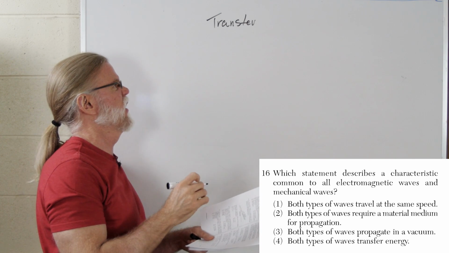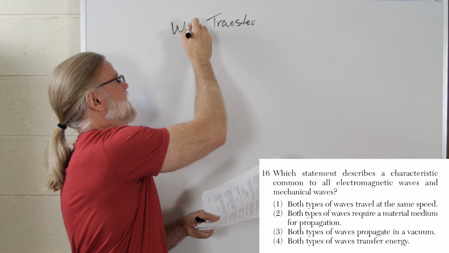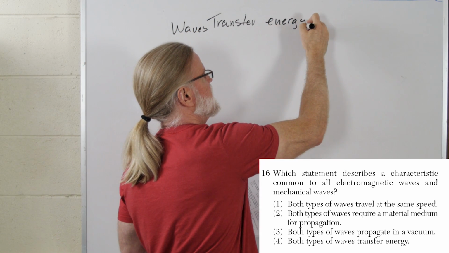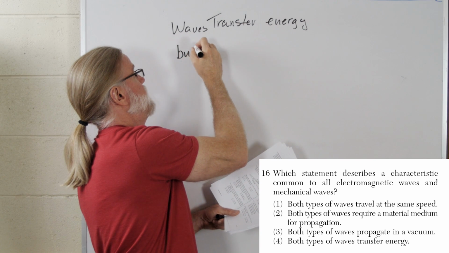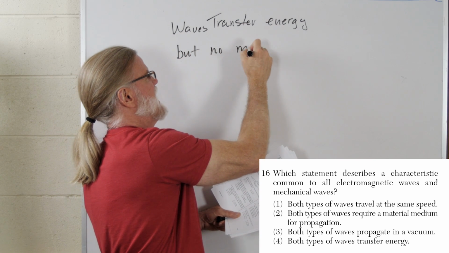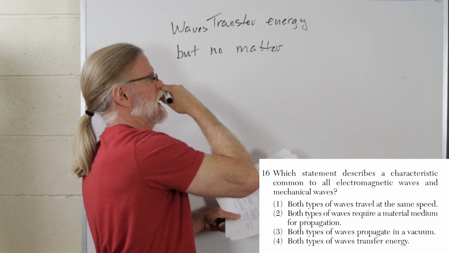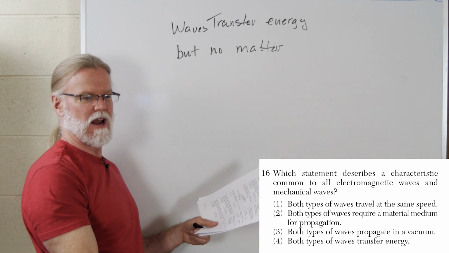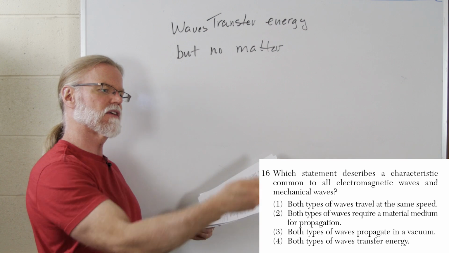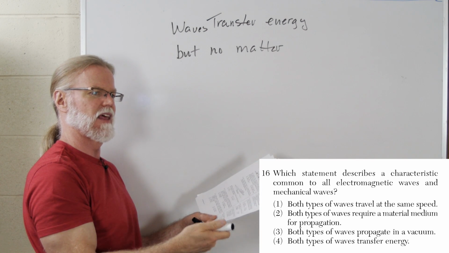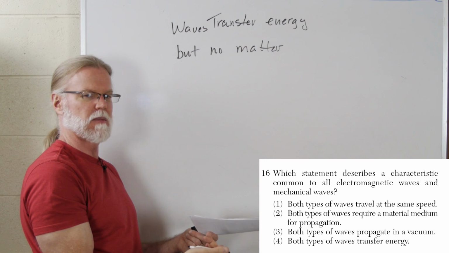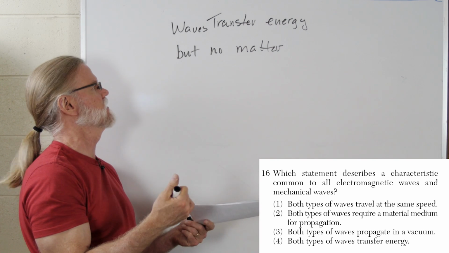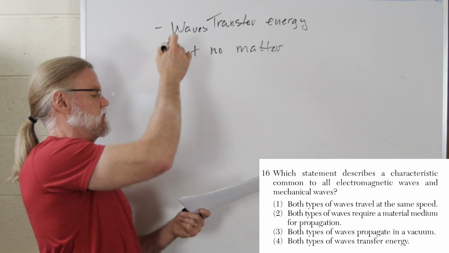Well, I was trying to show that waves transfer energy, but no matter. Okay, they transfer energy without transferring matter. Because when I did it with a wave, I wasn't actually transferring anything to the cup other than energy. The coils that were in my hand stayed in my hand, and if I missed, I didn't have to go get it. So that's one thing.